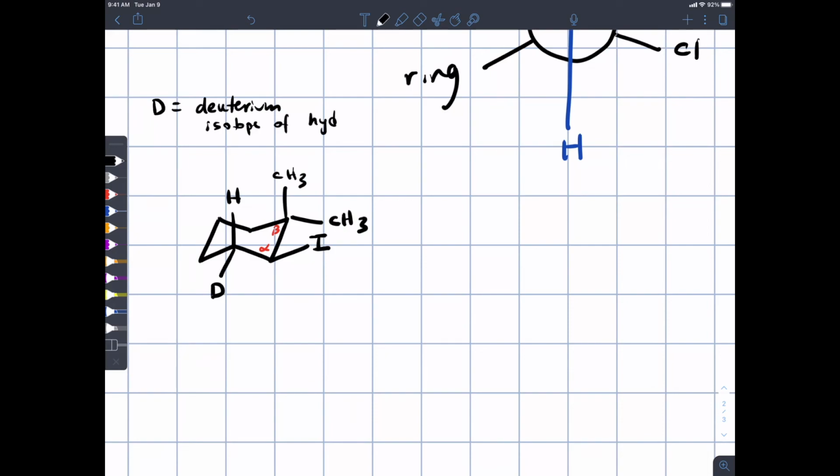It's something that we can incorporate sometimes in organic molecules as a label, because there are ways you can tell the difference between a proton and a deuterium. It's kind of like putting a star or a smiley face on one of the two protons so you can tell them apart.